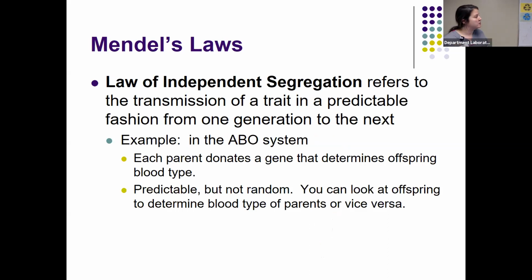Each parent donates a gene, and that's how we can determine the blood type of the offspring. That's predictable, however, that is not random, okay? It's all genetically determined. So if you have an offspring that's AB, can one of their parents be O? No.